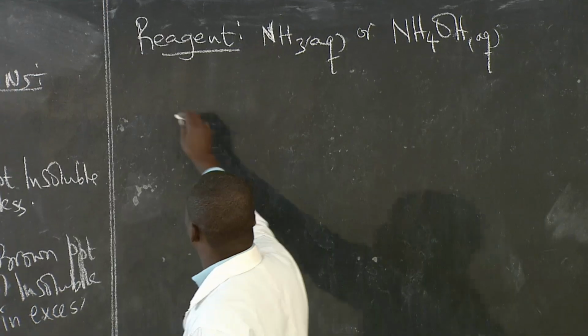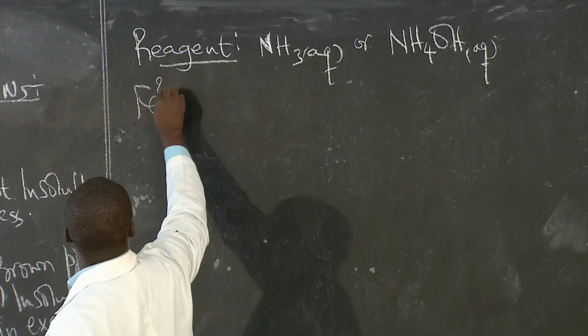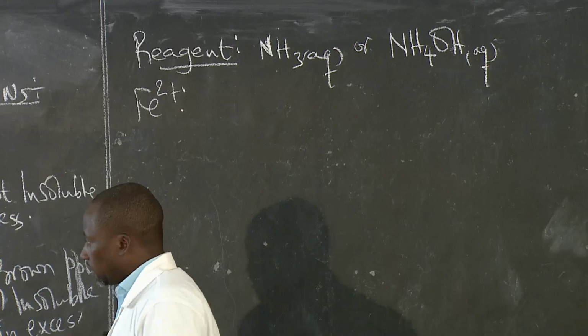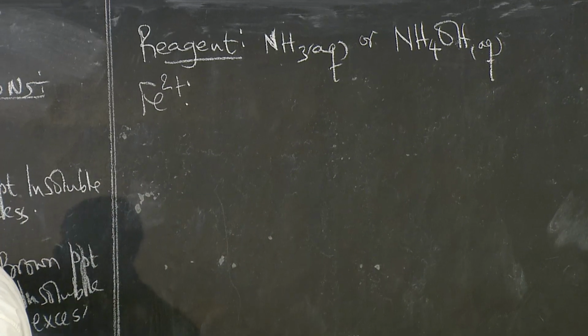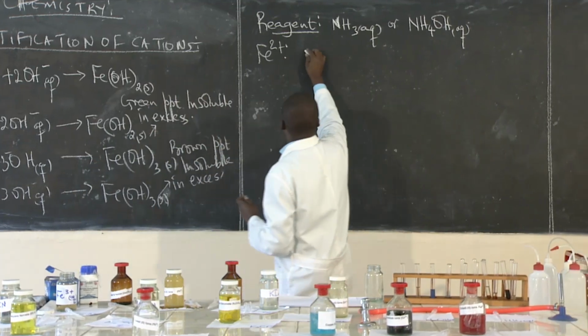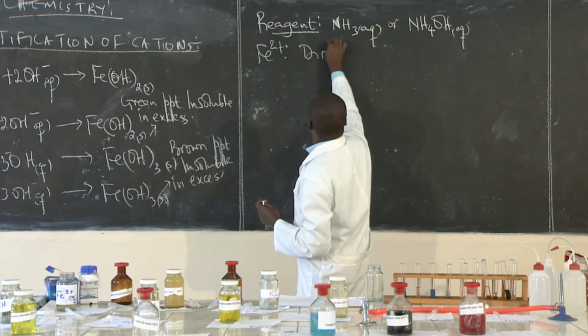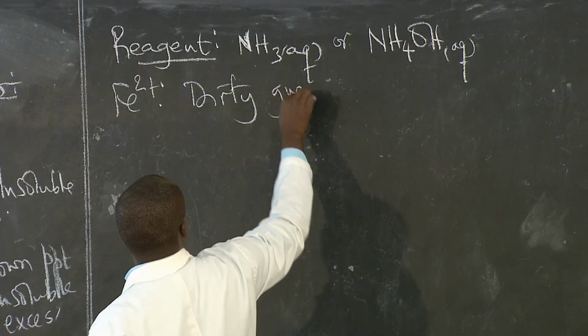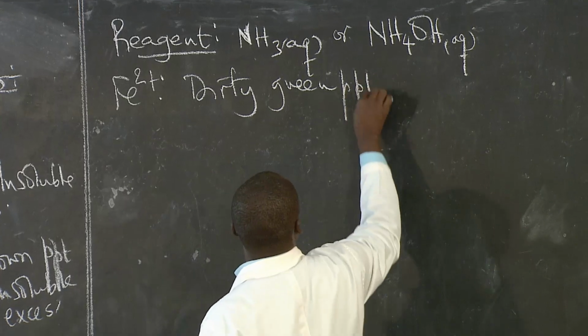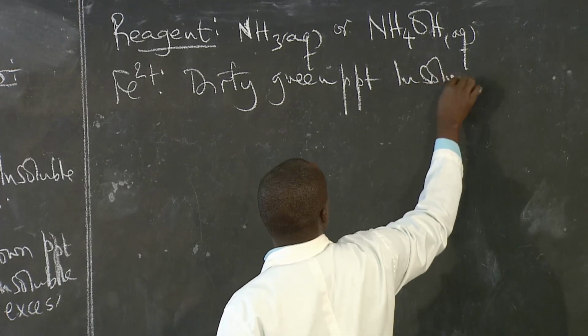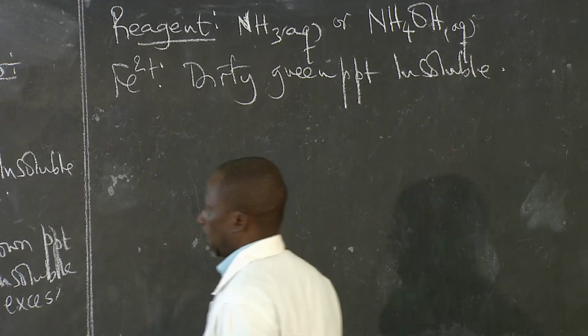With iron 2, if you remember, with ammonia you get a dirty green precipitate, which is insoluble.